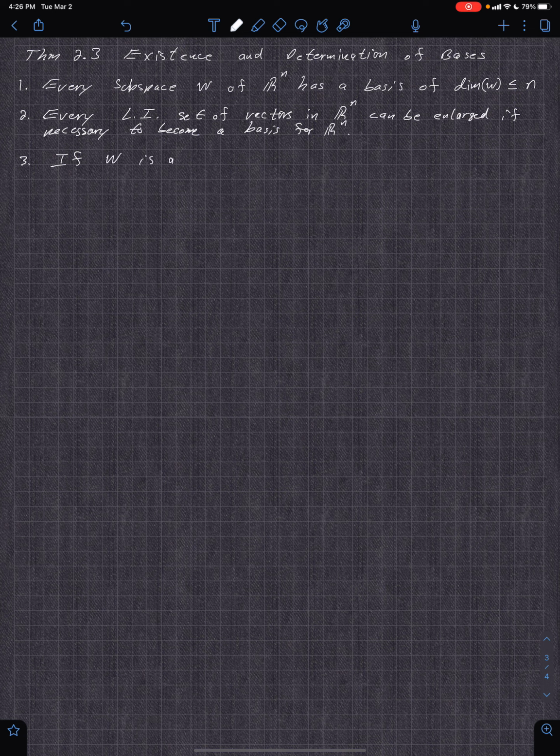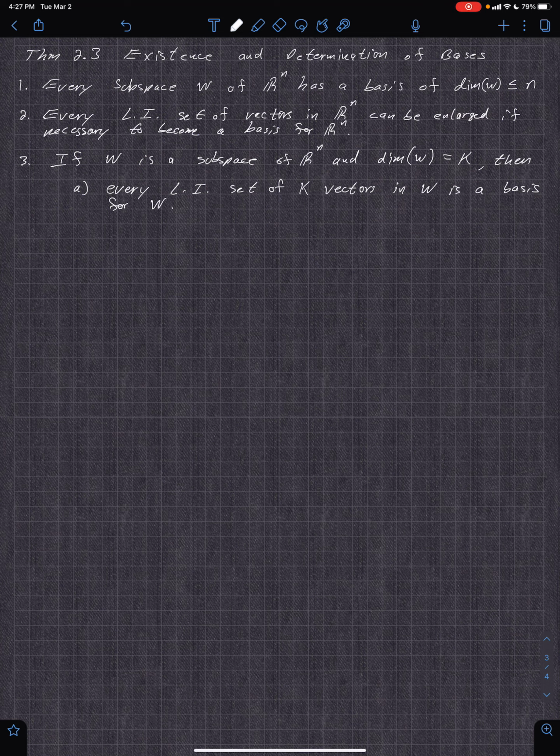If W is a subspace of Rn, and the dimension of W is equal to K, then every linearly independent set of K vectors in W is a basis for W. The key is that they're linearly independent.